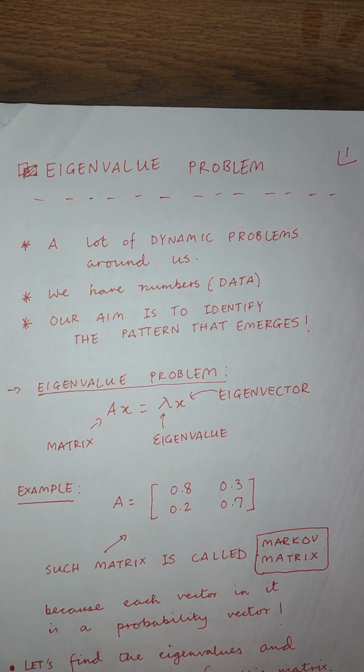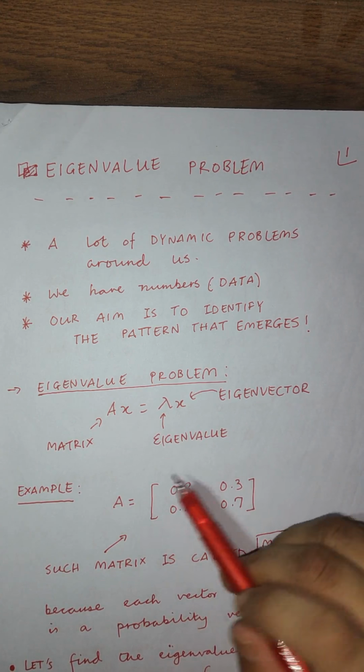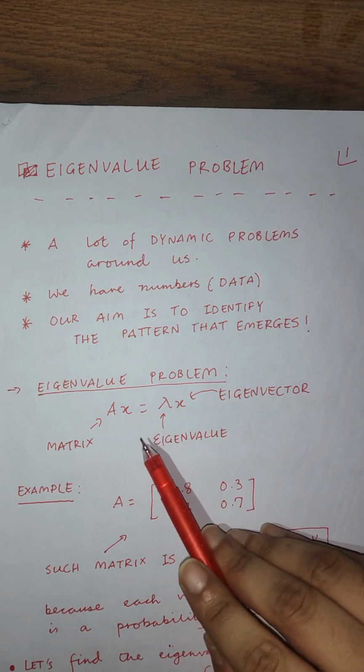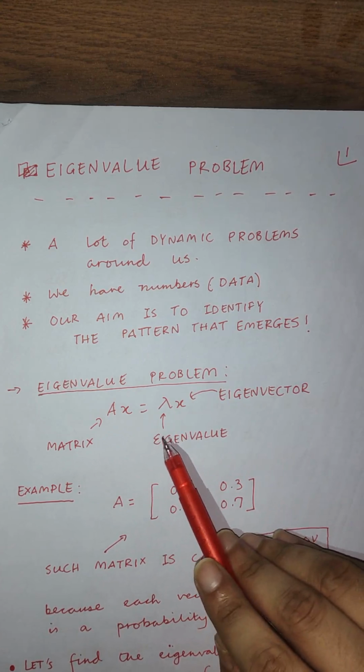Let's begin with the concept. What exactly do we mean by the eigenvalue problem? What is an eigenvalue? What is an eigenvector? This is the formal definition of the eigenvalue problem.